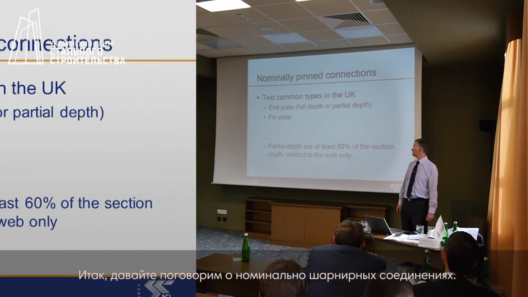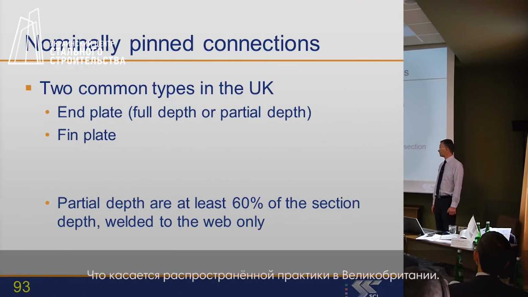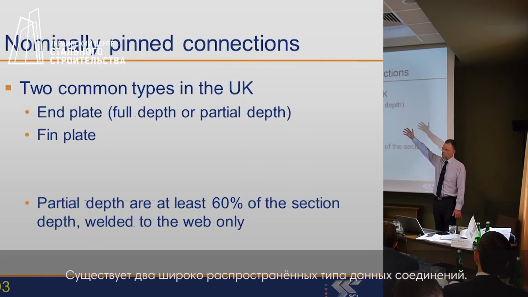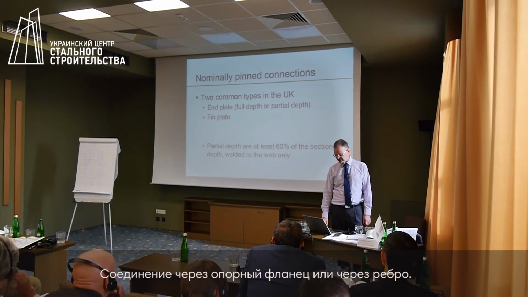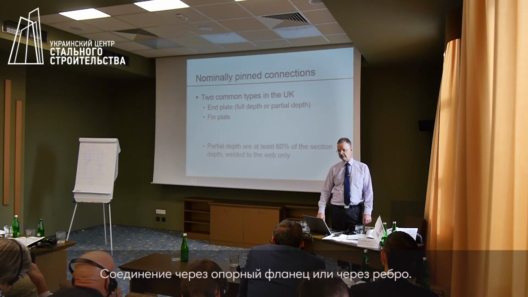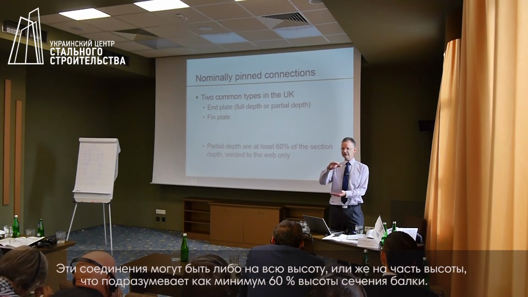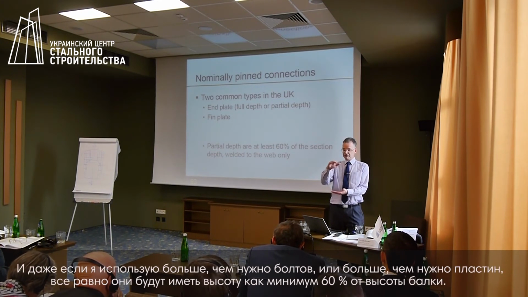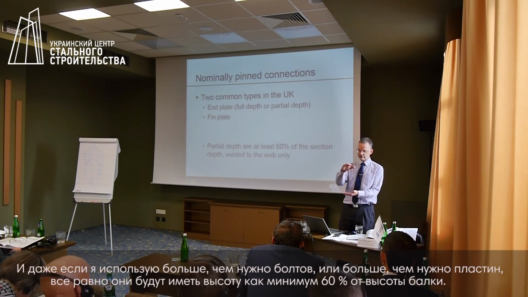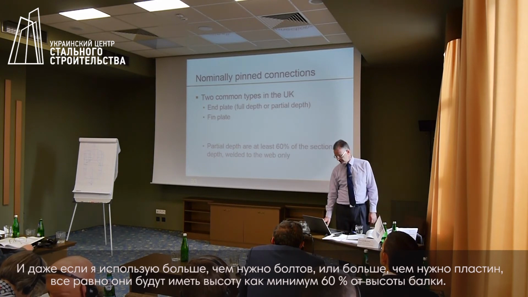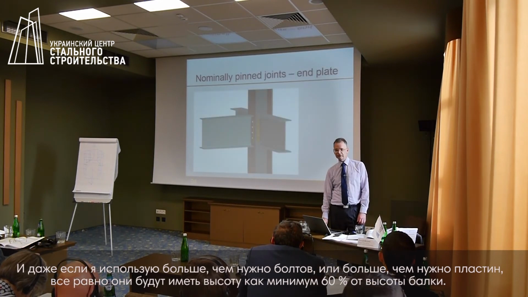So nominally pin connections then, and I will talk about the UK practice. Those are the two almost universal connections, an end plate detail or a fin plate detail, and they would be at least 60% the depth of the beam. Even if that meant that I was providing more bolts and more plate and more weld than I needed to carry the force, they would always be at least 60% the depth of the beam.